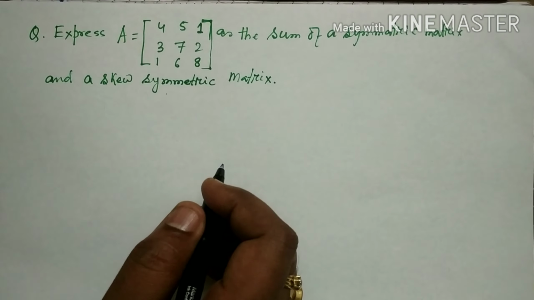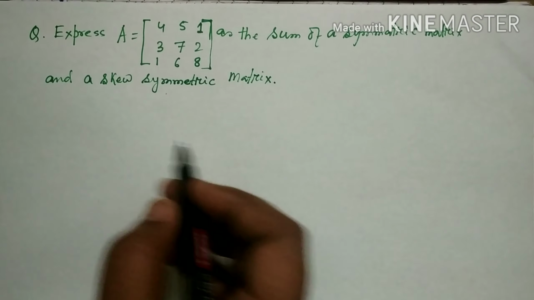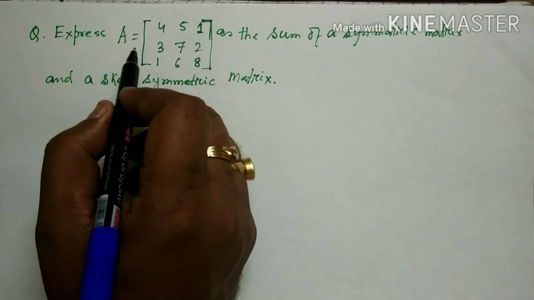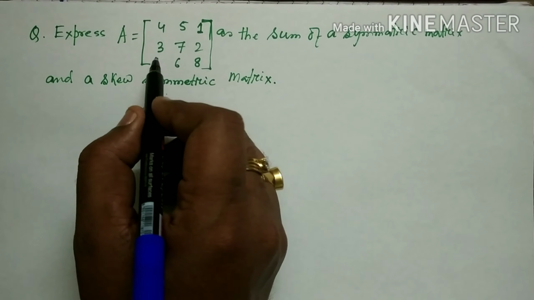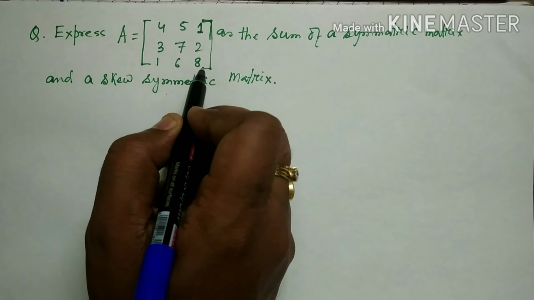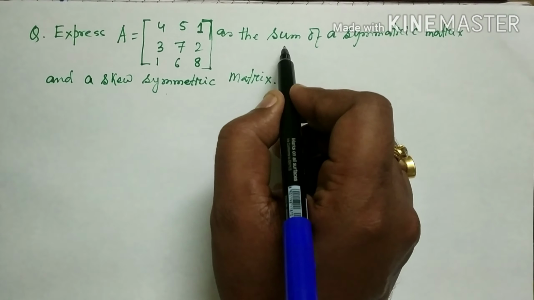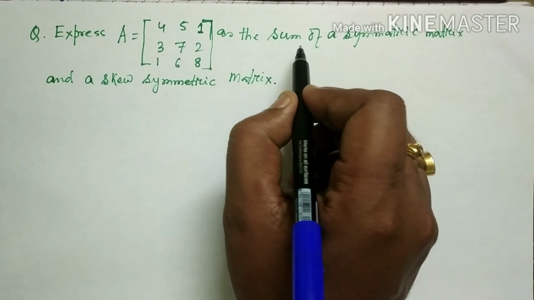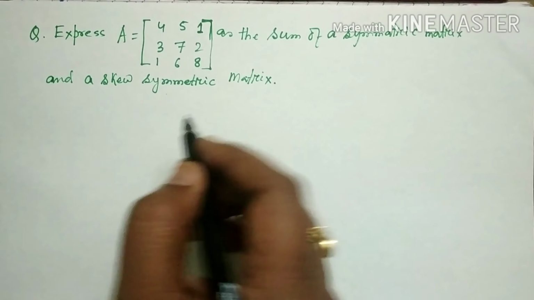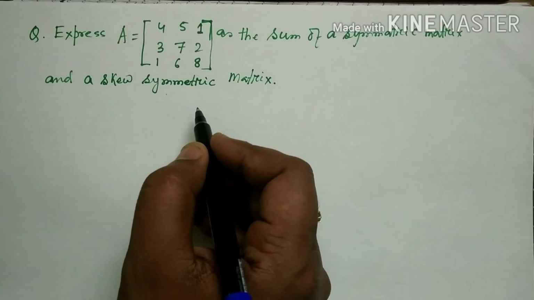Now I am going to discuss one important question. Express A is equal to [4 5 1; 3 7 2; 1 6 8] as a sum of a symmetric matrix and a skew symmetric matrix.